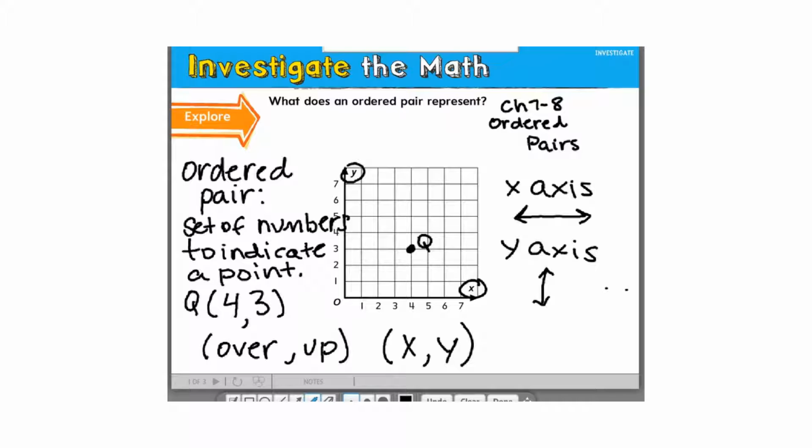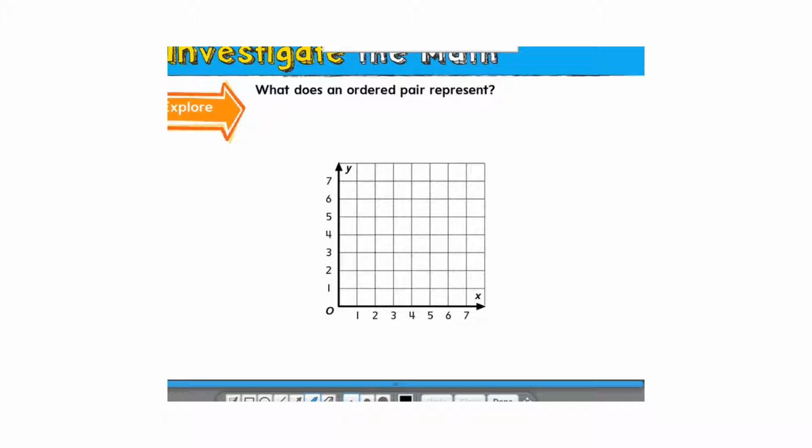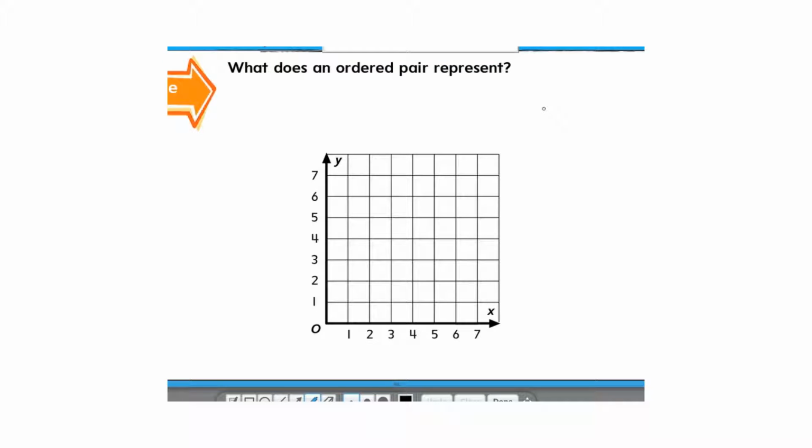We're going to start plotting some points here. Let me make sure I got everything. All right, so here's what I mean by plotting some points. Let me zoom in a little so you can see better. I'm going to make a list of some points. I'm going to put like 3 of them up here, and we're going to try to graph them.